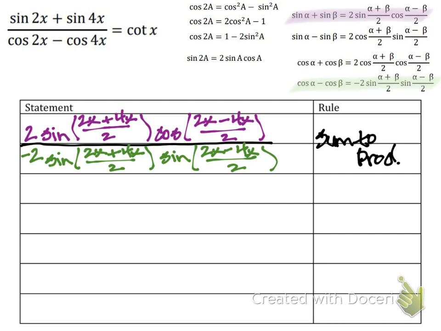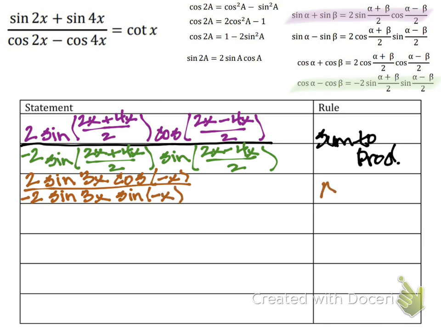So then in our next step, we can clean it up. So we are going to have 2 times the sine of 6x over 2, 3x, cosine negative x, right? Over negative 2 times the sine of 3x times the sine of negative x.